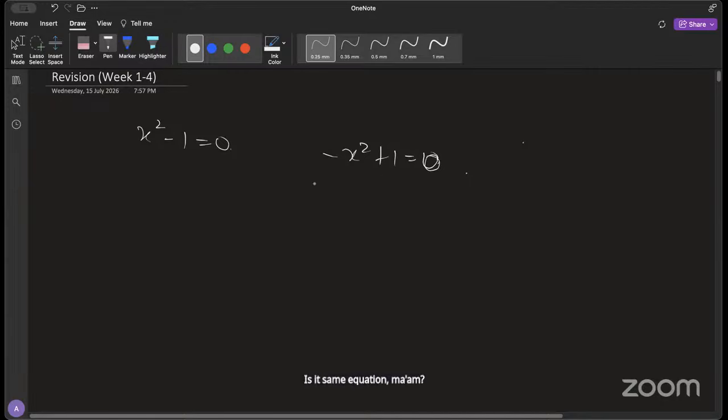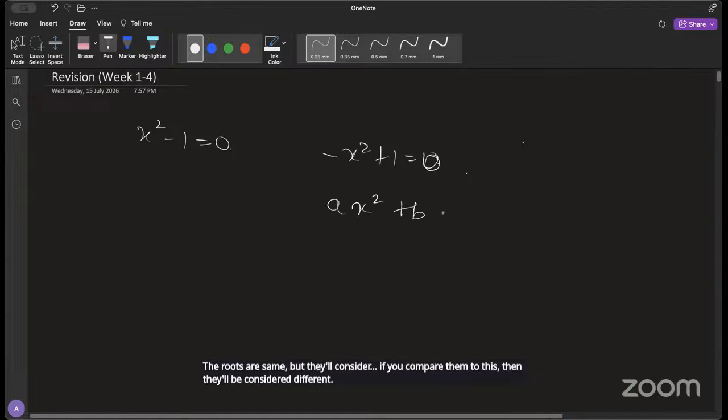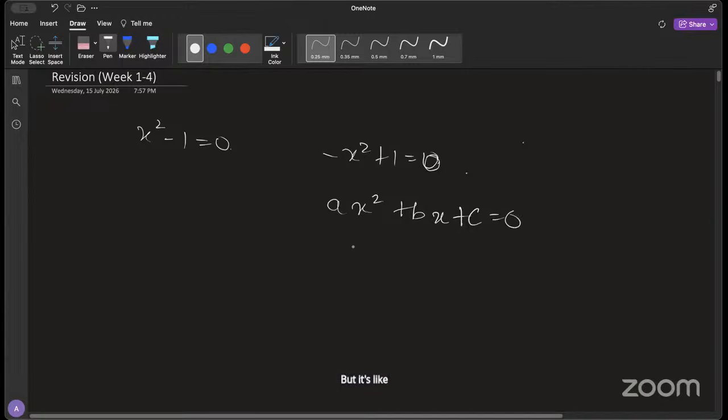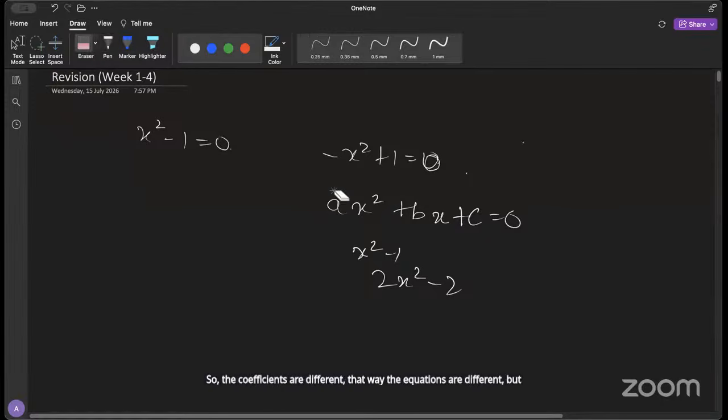Yeah, the equations are the same, and the roots are the same, but if you compare them, they'll be considered different. If you take x square minus 1 or 2x square minus 2, the coefficients are different. That way, the equations are different, but the roots are the same.